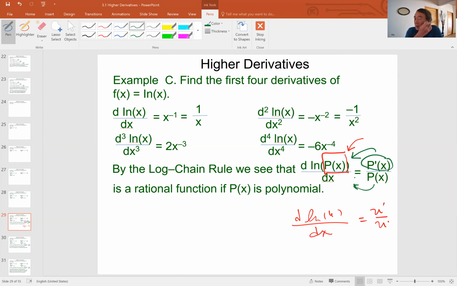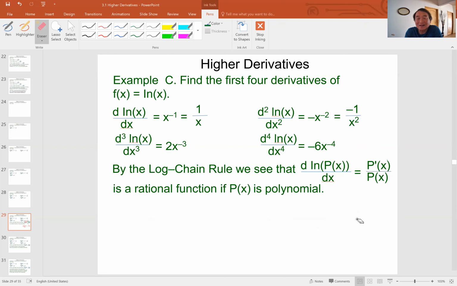So in other words, the derivative of the log of a polynomial turns out to be a rational function. If I keep taking derivatives, the derivative of a rational function is itself a rational function. Why? Think of the quotient rule. No other type of formula comes in. So from here on, the higher derivatives of a log of a polynomial all become rational functions.